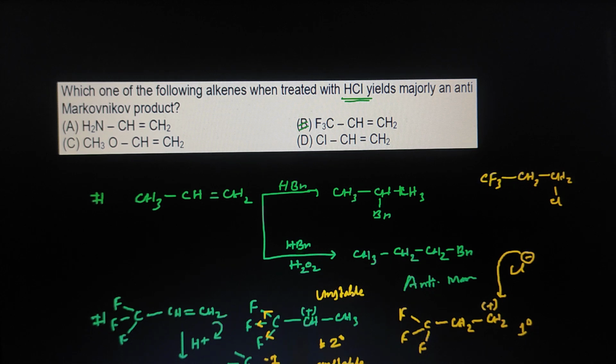That's why the correct answer will be option B, because CF3 CH CH2 gives an anti-Markovnikov product.